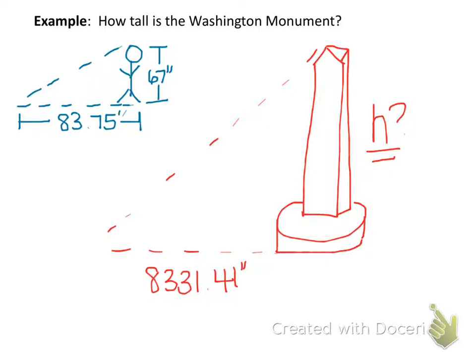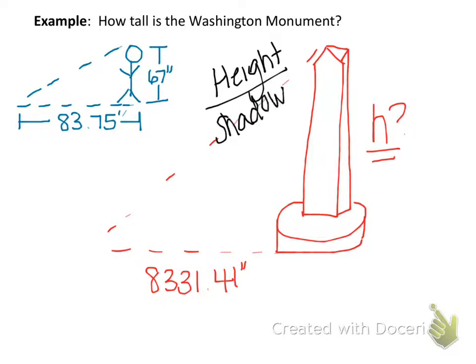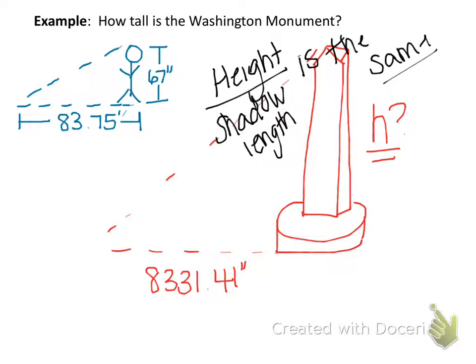So for similar triangles in this situation, we know that for either situation, the height divided by the shadow length is the same. That's a fact because they are proportional.